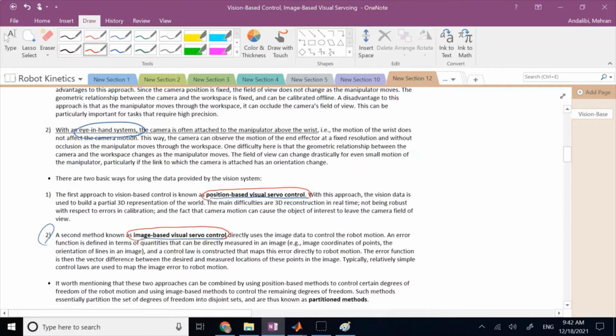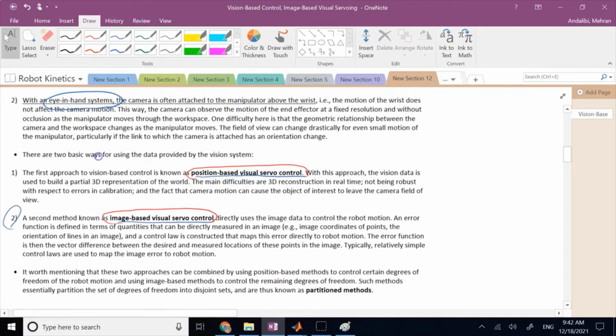What's the difference? In the first approach, you try to take pictures of the object at different positions and orientations and use this data that you get from these different orientations and positions to build a 3D representation of the world. A partial one.